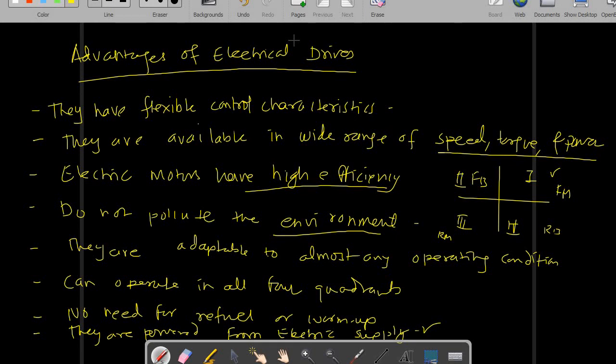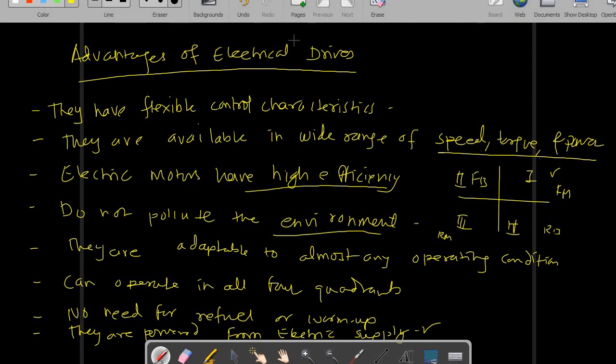And also we have seen the functions of the power modulator. The first function is that it modulates the flow of power from the source to the motor in such a manner that the motor is imparted with the desired torque speed characteristics required by the load.